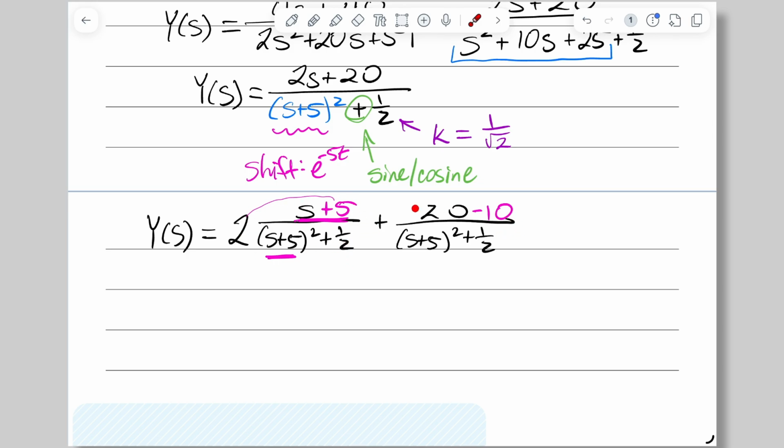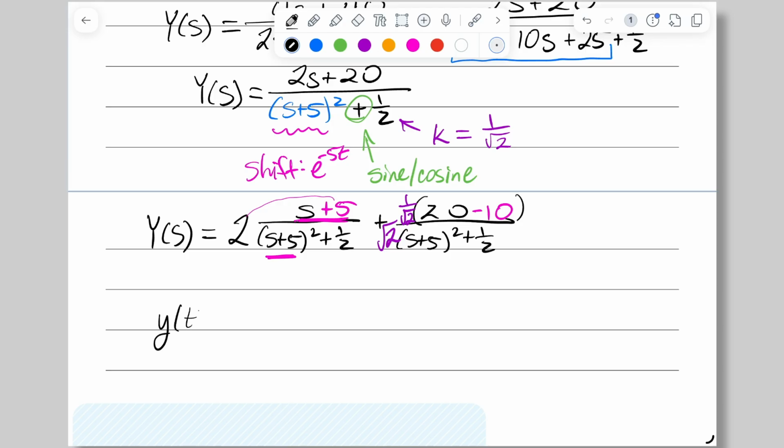For the sine, though, we need that k in the numerator. So I'm going to take that 20 minus 10 and multiply and divide that by 1 over the square root of 2. And the reciprocal of 1 over the square root of 2 is simply square root of 2.